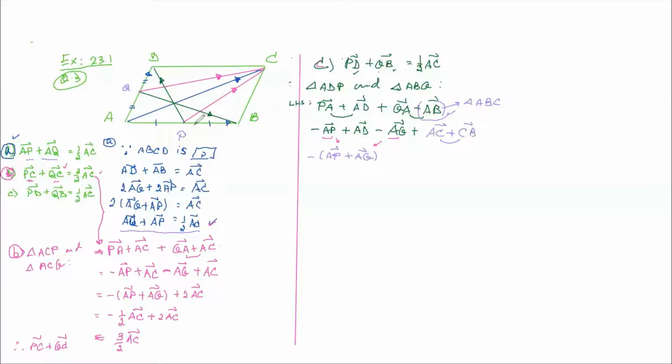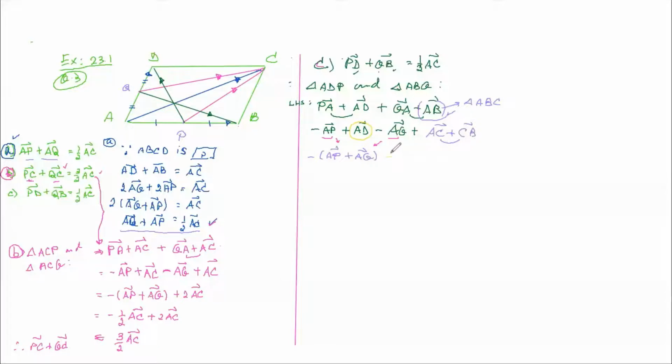Then AD is equal to BC because it's a parallelogram, so vector AD equals vector BC. I use another color, yellow.